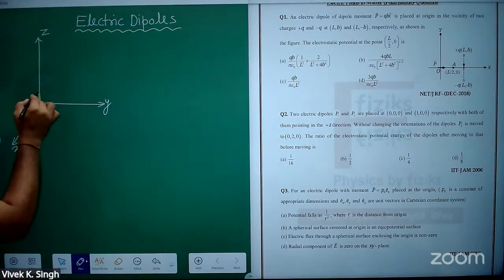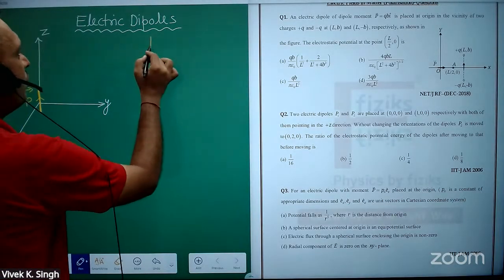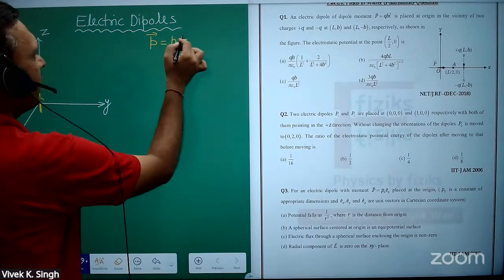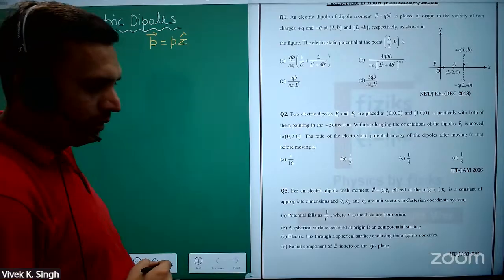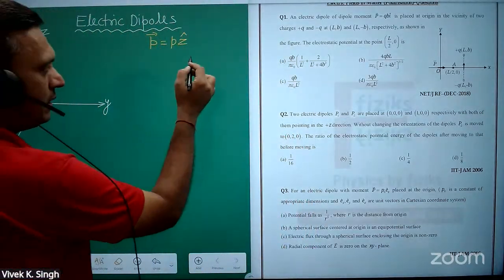This is the dipole P, where dipole moment P is given as P z cap. P is the magnitude of the dipole moment and direction is z cap.